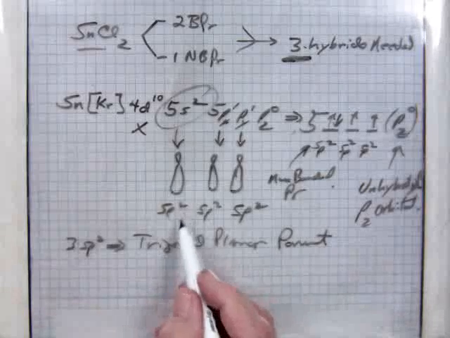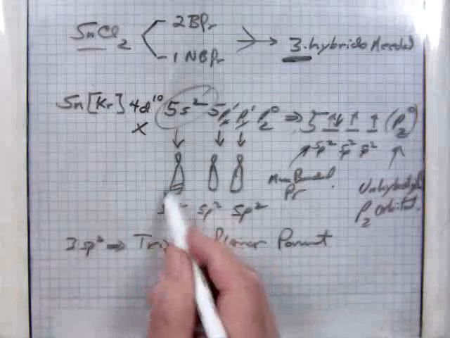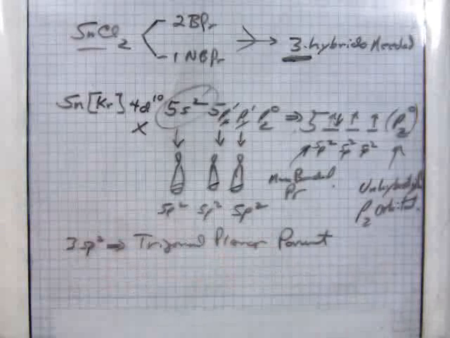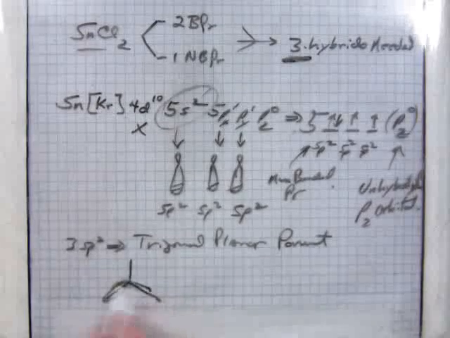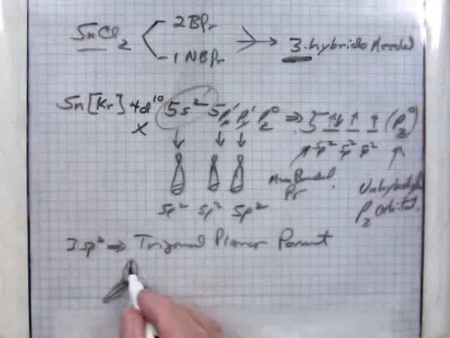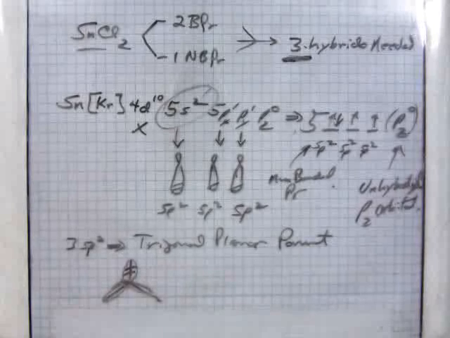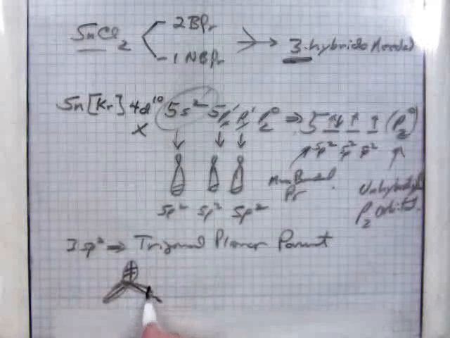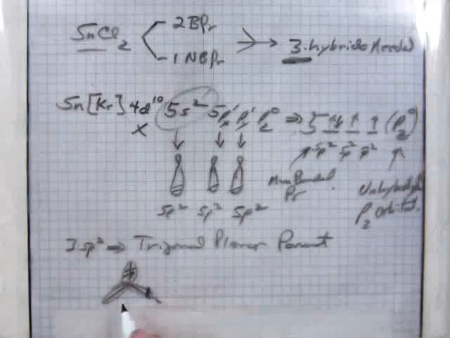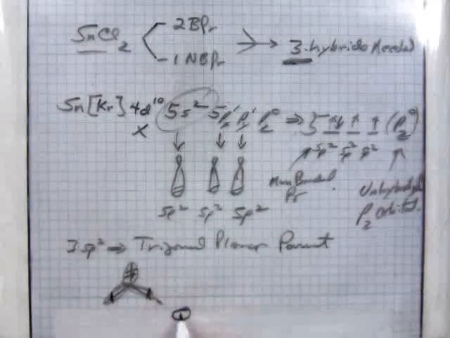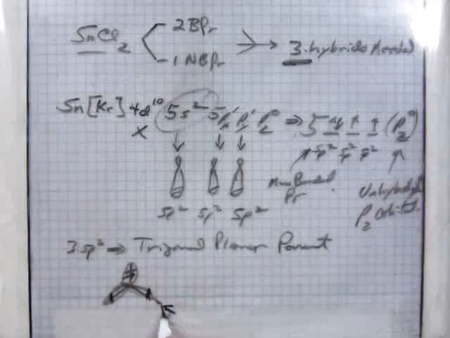But because one of these has a diamagnetic pair in it, when we draw out the configuration, one of those will have a non-bonded pair, and then you have 2 bonded pairs here and here, and then your chlorines will come in.